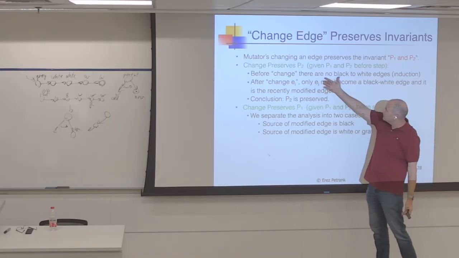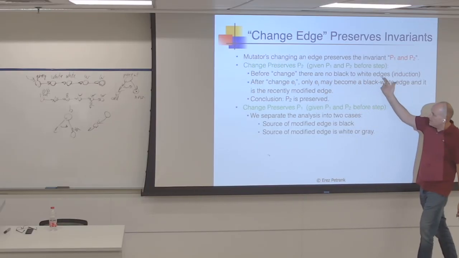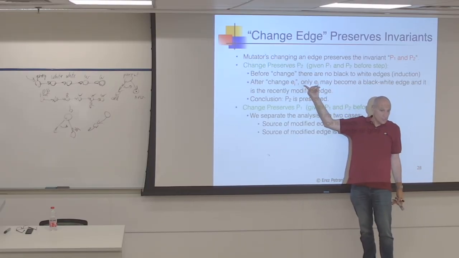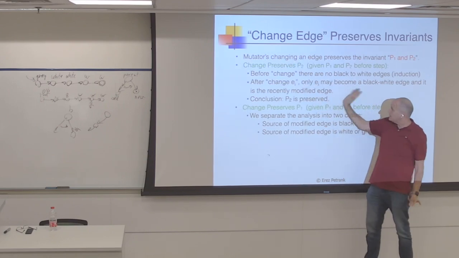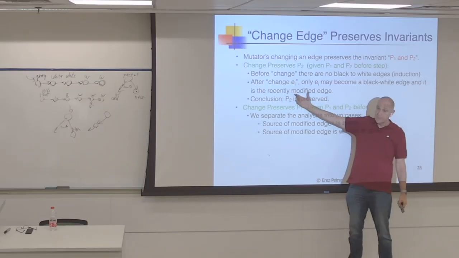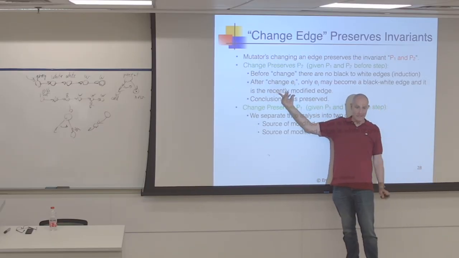And now, after the change, only EI may be a black to white edge, the one that was changed. And that's perfectly fine with P2 because it's the recently modified edge and that could be black to white.